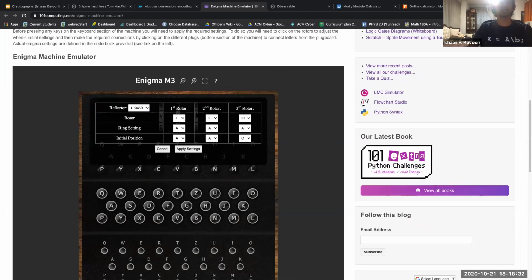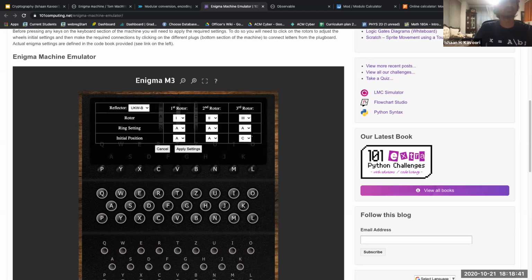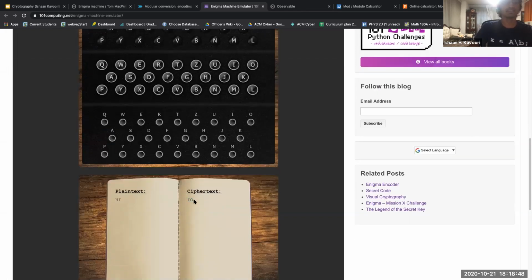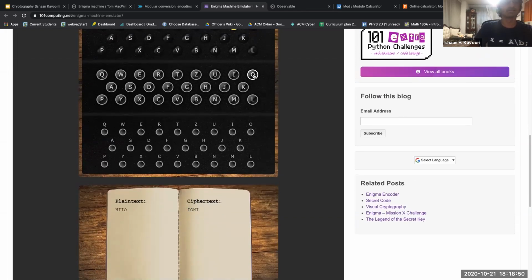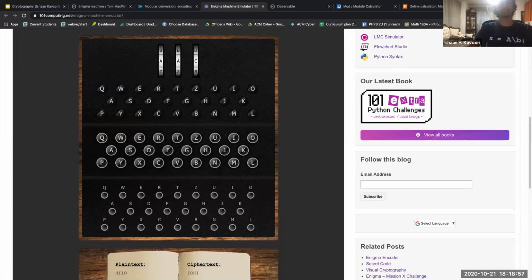Then when I go back to the original setting and I type in the ciphertext IO, I get hi out again. Okay, so that's how it's meant to be decrypted. If you have the key, which is the rotor setting, you can decrypt the message that you're meant to decrypt.